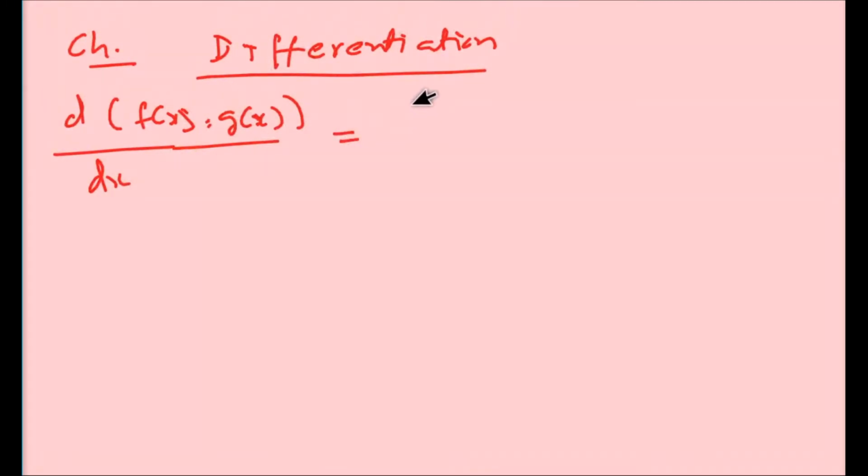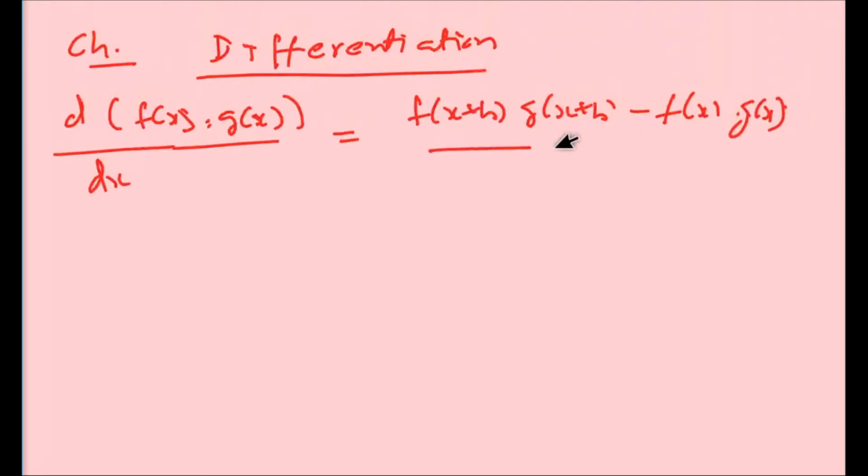So using the first principle we can write: limit as h tends to 0 of [f(x+h) g(x+h) minus f(x) g(x)] upon h.